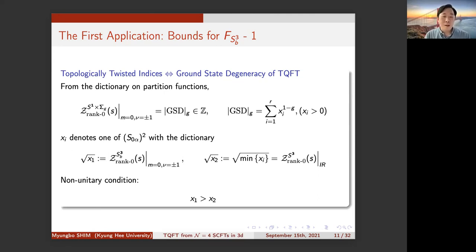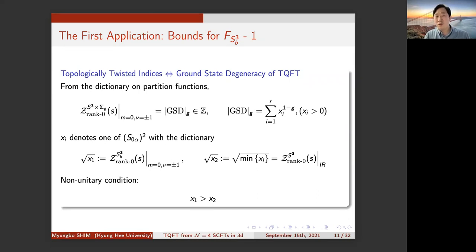Here, root x1 is the three-sphere partition function at the degenerate limit, and root x2 is the three-sphere partition function at the IR superconformal point.